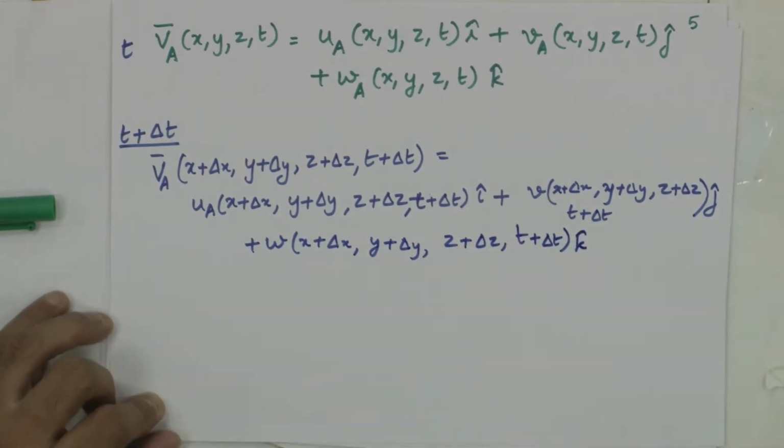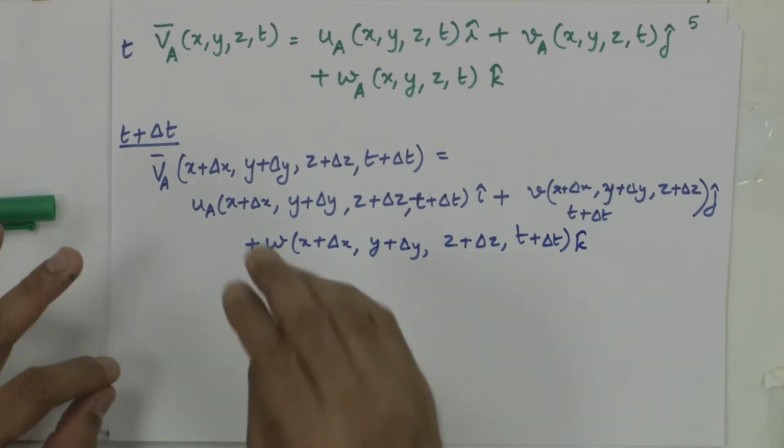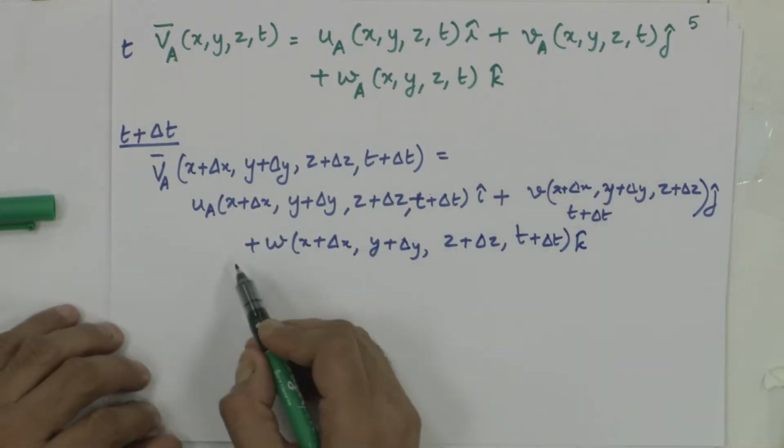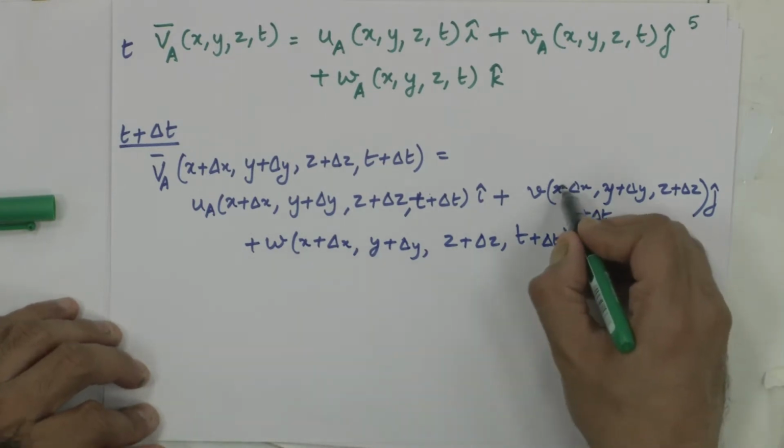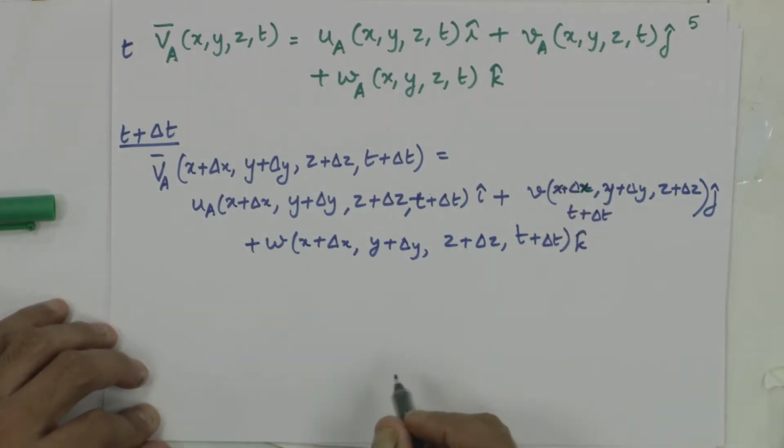I have not done anything, I have just written the velocity vector at this new position x plus delta x, y plus delta y, z plus delta z.